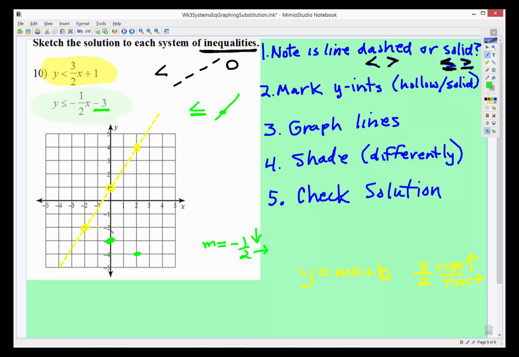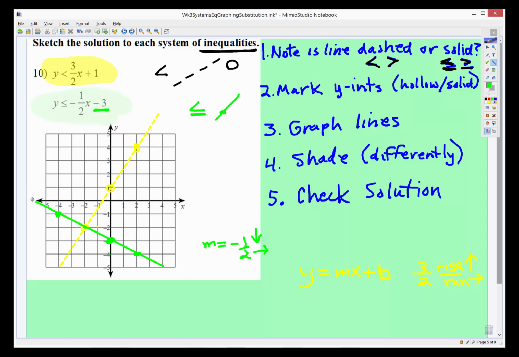Now I'm going to go backwards. I'm going to go up 1, back 2, and then up 1, back 2 again, and now it's going to be easier for me to draw this time a solid line. There you go.